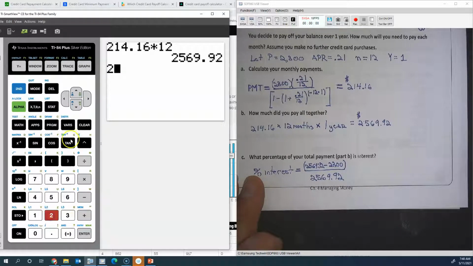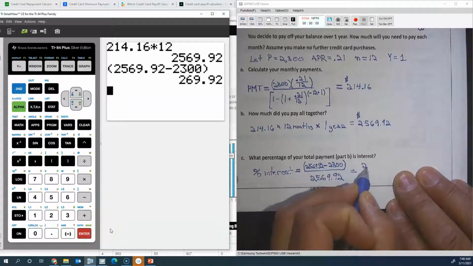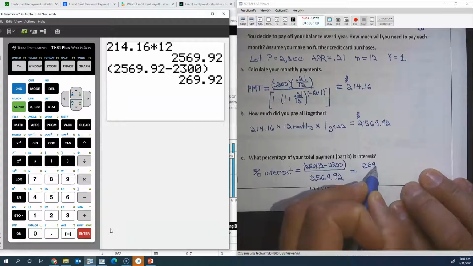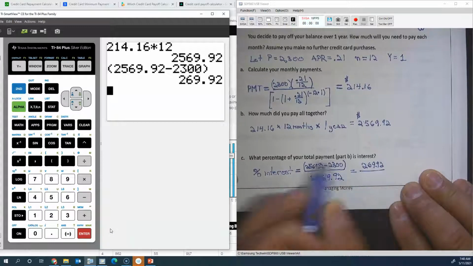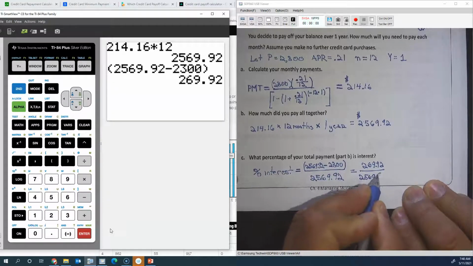So, parenthesis, 2,569.92 minus 2,300, close the parentheses. That's how much I paid in interest, over 2,569.92.